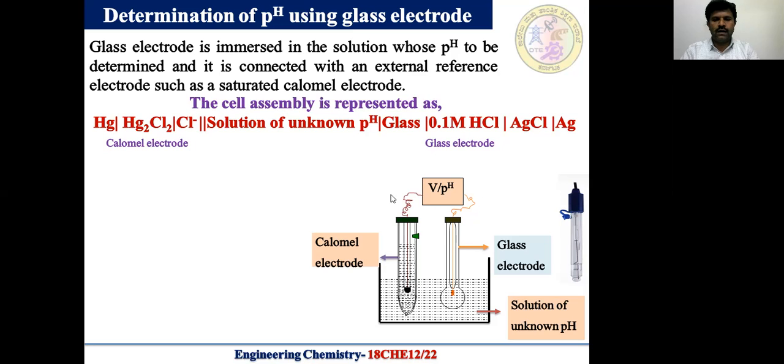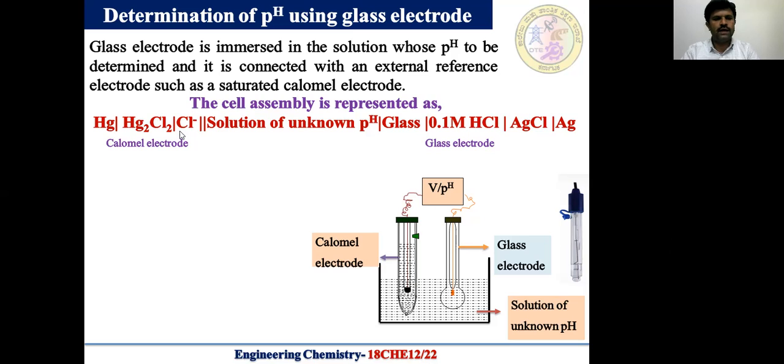And this cell we can represent as Hg bar Hg2Cl2 bar Cl minus. This is the representation for calomel electrode, and here it functions as anode, hence I have written it on the left side.